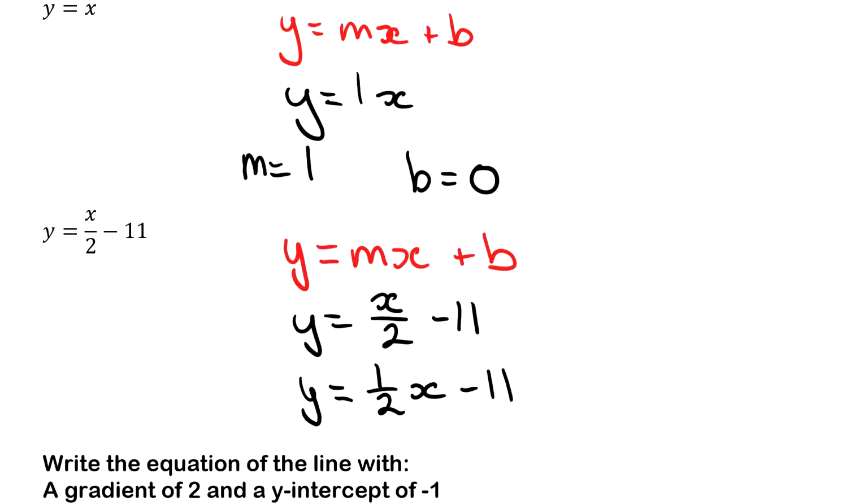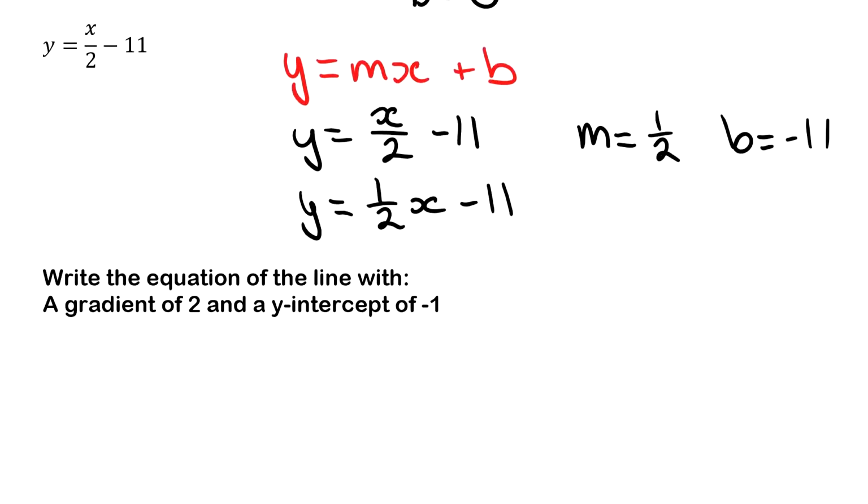Now we can clearly identify that our m, our gradient, is 1 over 2. And our b is negative 11. Remember, you can pull the x to the side and have 1 over 2 times x, which is the same as x over 2. That lets us identify the gradient more easily.